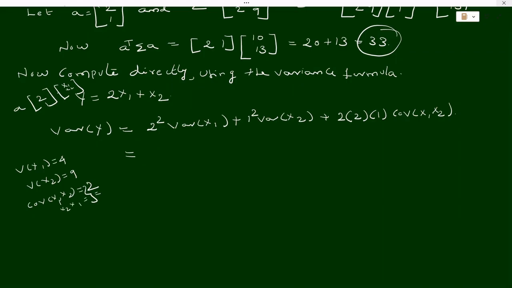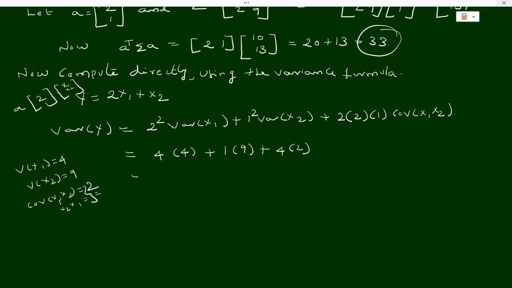Therefore we are getting 2 square is 4 into variance 4, plus 1 into 9, plus 2 into 2 is 4, 4 into 1 is 4 into covariance 2.